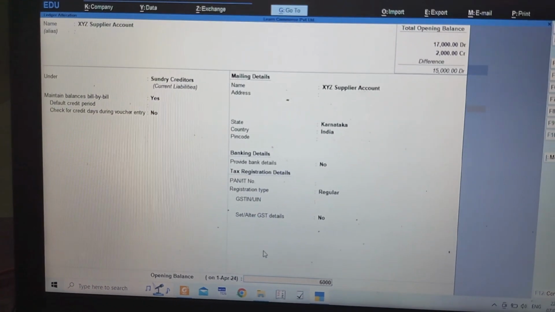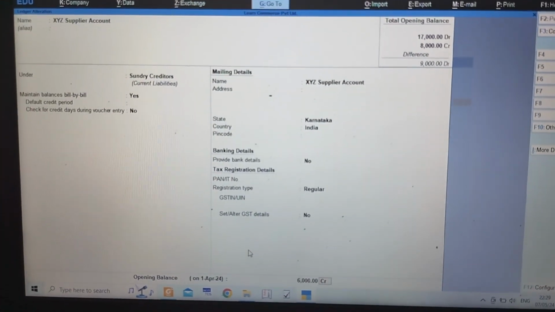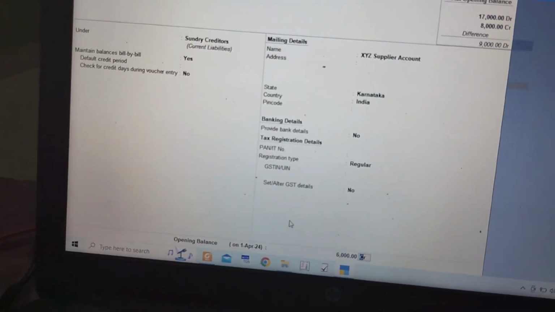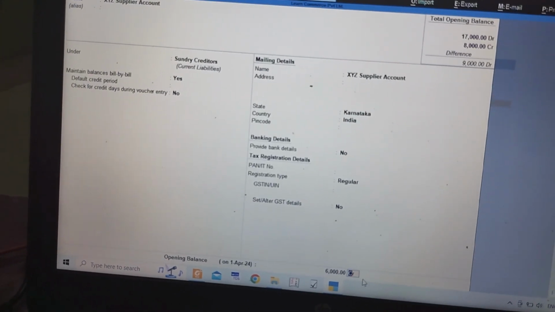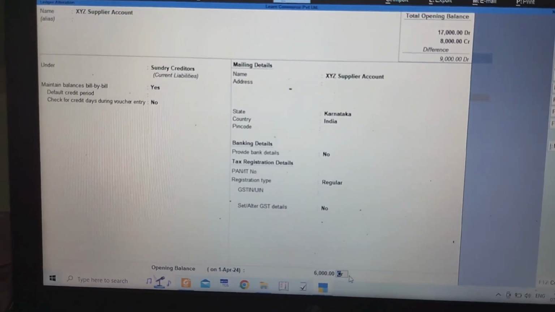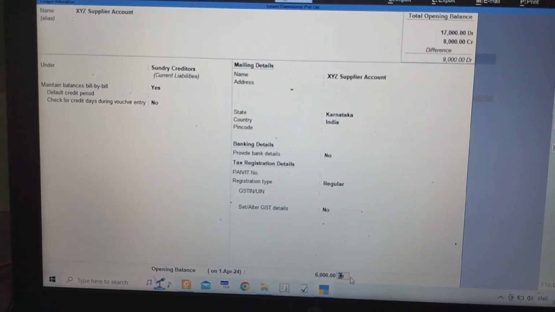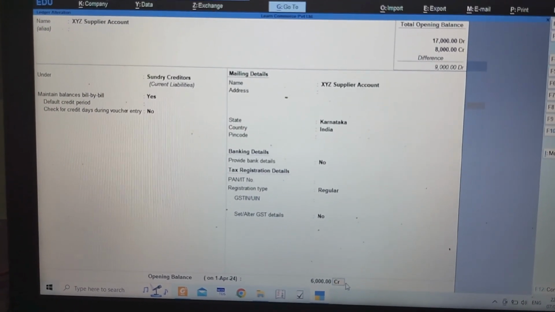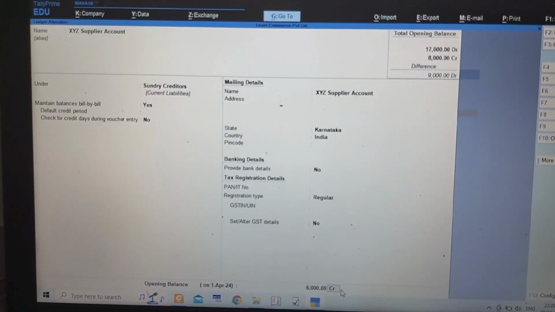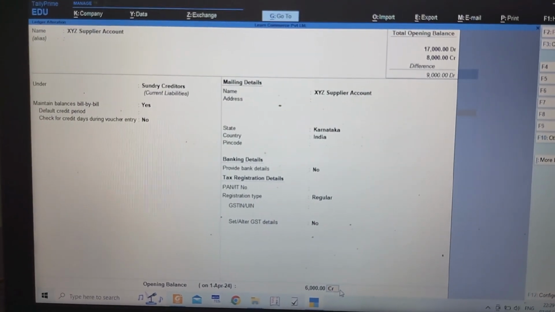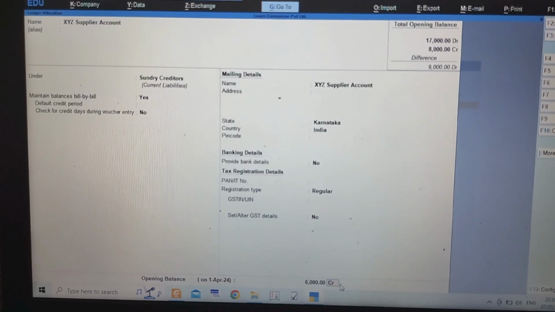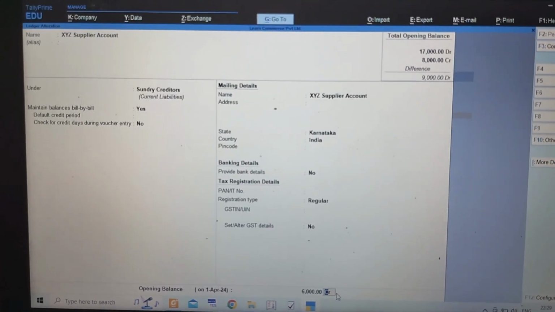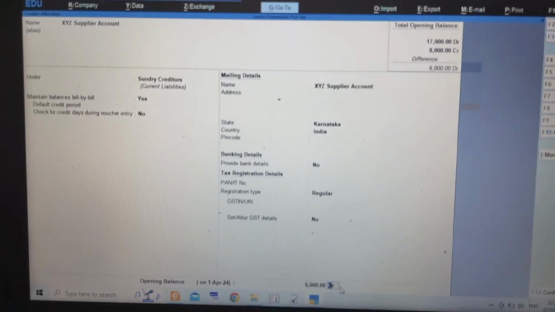Then press Ctrl A. And see friends, here it's showing credit balance. As I told you, creditor is a liability for us because we have to pay in future. And in first class I told you about the definition of liability, whatever business owes. So this is our liability because we have to pay in future. So I am accepting the entry by pressing Ctrl A.